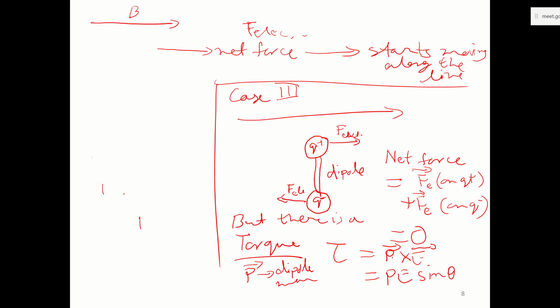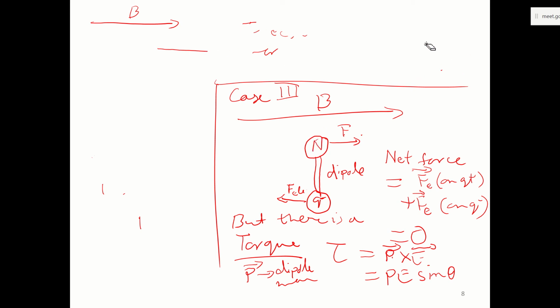You only have a north pole and a south pole. So instead, think about a bar magnet, with north pole and south pole connected.